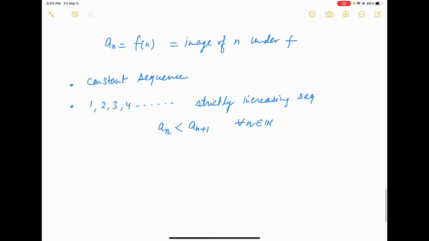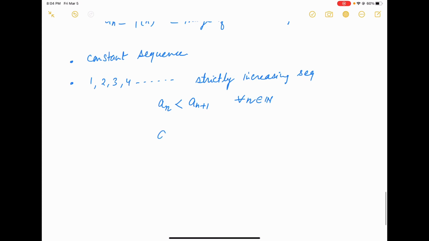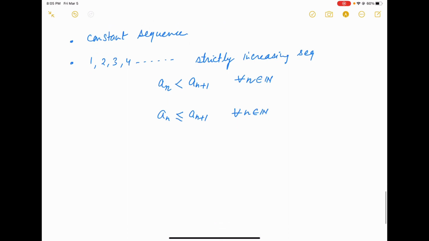If we put here the sign a_n less than or equal to a_(n+1), that means some element may be equal to its previous element, then we say this is a monotonically increasing sequence.